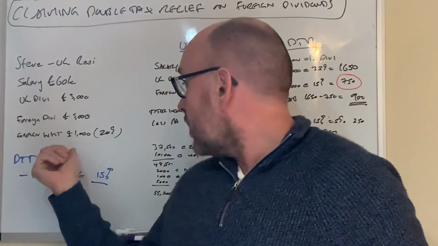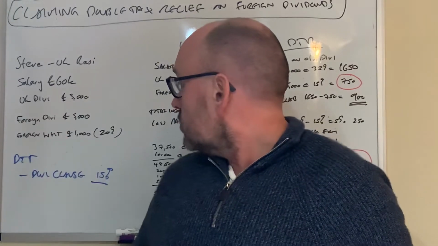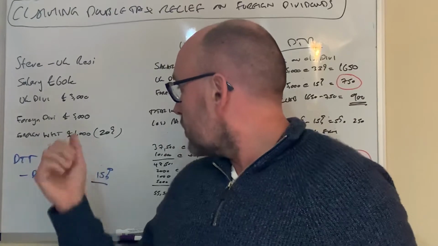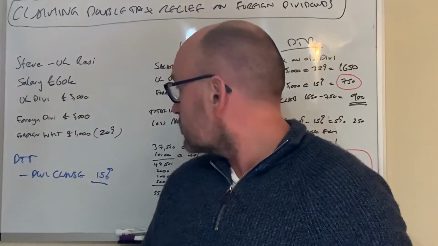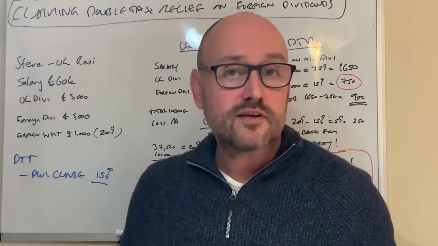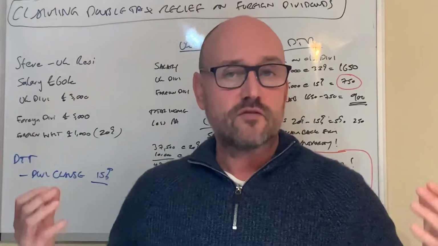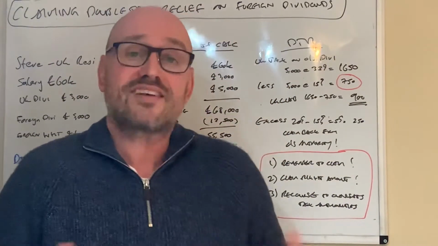So you've withheld £1,000, 20%. It should have been 15% of 5,000. So it should have been 750. So you have to claim back the extra 250 from the overseas territory. Good luck with that. That could take a while, but that's just the rules.